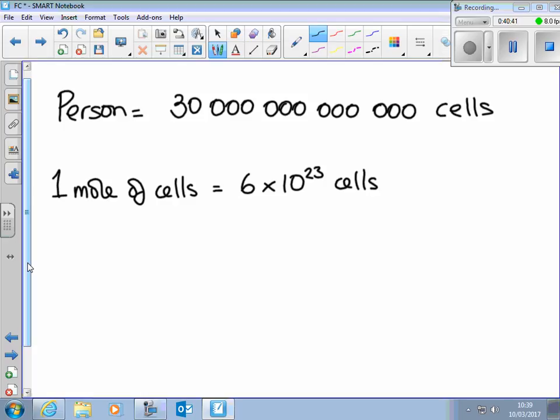So if you had 100 people, you'd add 2 extra zeros. 1,000 people would be 3 extra. It's not as simple as that. 6 times 10 to the 23 is our mole. So how many people can we get into a mole then?